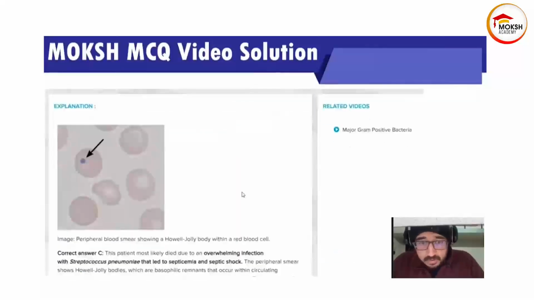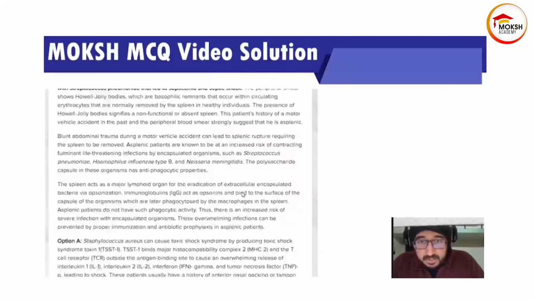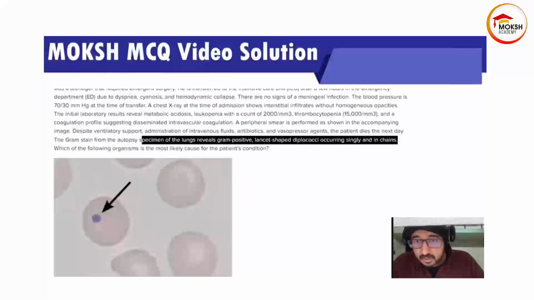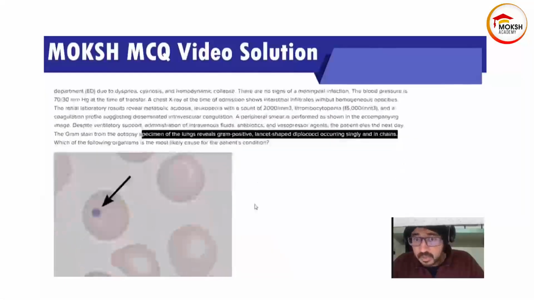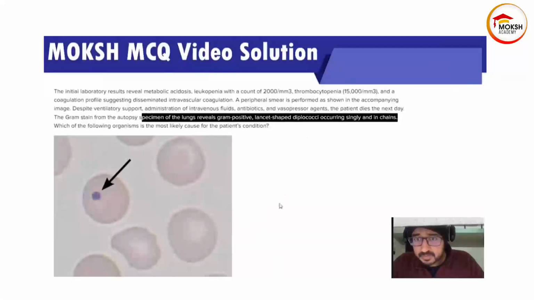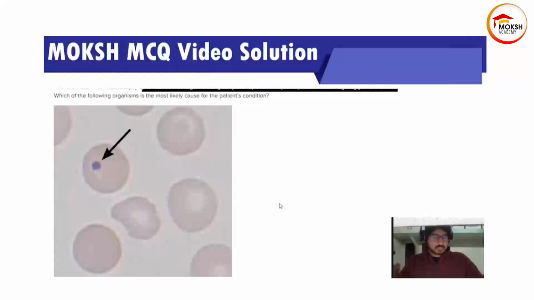All right, very good. One more thing I want to ask you is, if it was an H influenzae infection, what would be the description of the bacteria? All right, very good. The first thing that will rule it out for you is that it is gram negative, not gram positive.